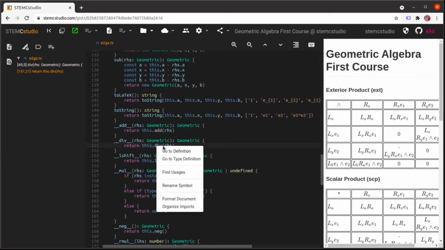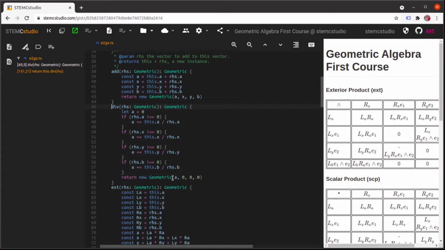So we need to look at the div method, and you can see the way it's doing division is a kind of ratio division. You can derive the ratio when you have common values, and the result is a scalar.